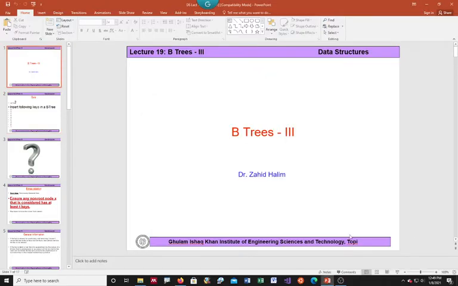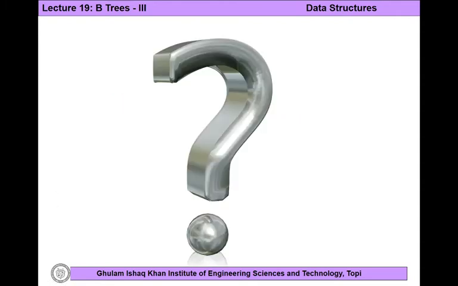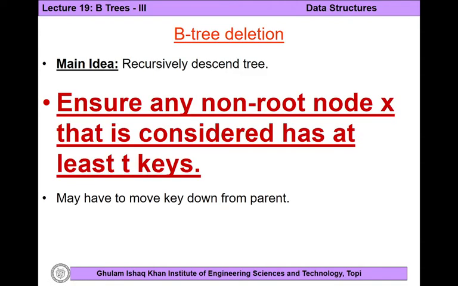In this particular lecture, we will be focusing on the deletion of keys in the B tree. And remember, when I'm referring to deletion, I'm not saying that we are going to delete a node.